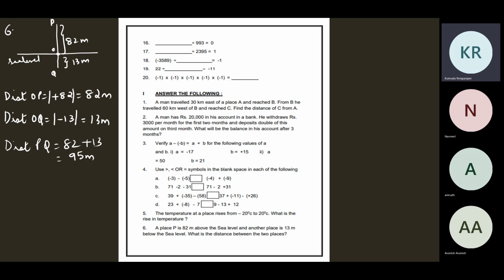You can write it like this: absolute value of minus 13, which is 13 meters. All right, children, finish writing?